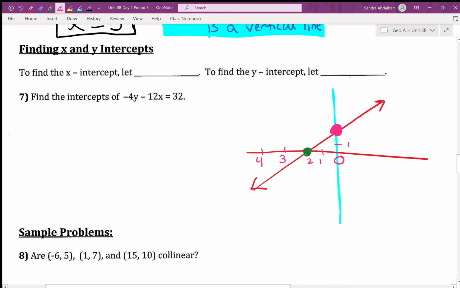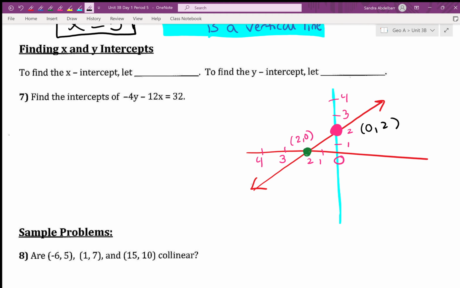When we have the x-intercept, isn't that the point right here, 2, 0? And when we have the y-intercept, isn't that the point 0, 2? Do we agree? So the x-intercept is 2, 0. The y-intercept is 0, 2.